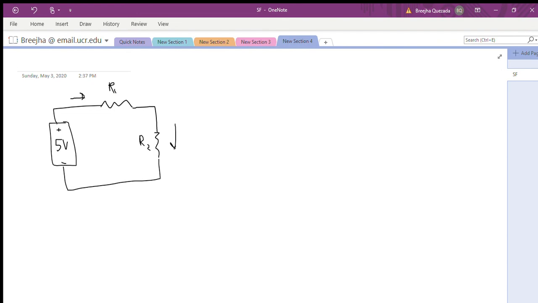If we remember what Kirchhoff's voltage law, or loop law, was, we say the sum of all of the voltage drops for a loop is equal to 0. So in this case, say we have voltage drop delta V1 across here, and a voltage drop delta V2 across this one.